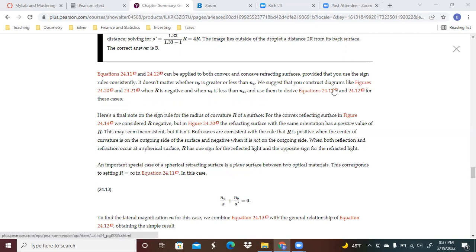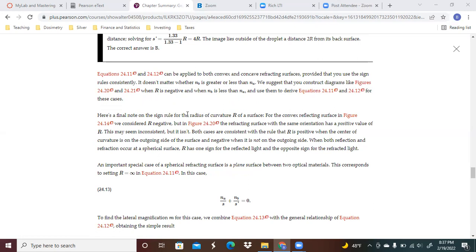These can be applied to both convex and concave refracting surfaces, provided that you use the sign rules consistently. It doesn't matter whether n_b is greater than or less than n_a, but it does say that constructing the diagrams where n is negative and this is less than that, use them to derive that for these particular cases.